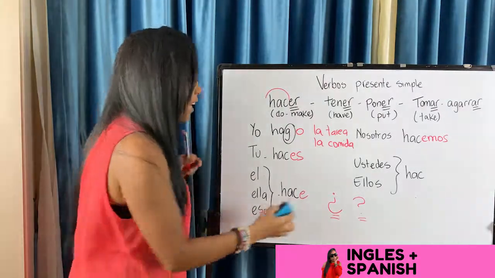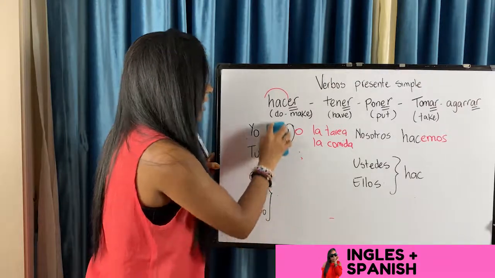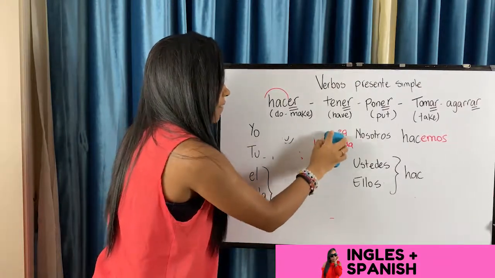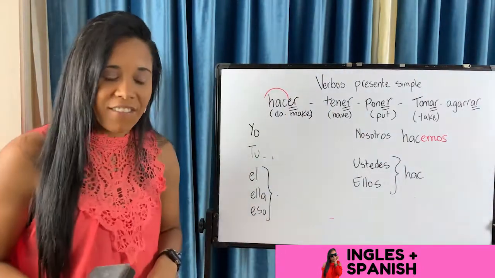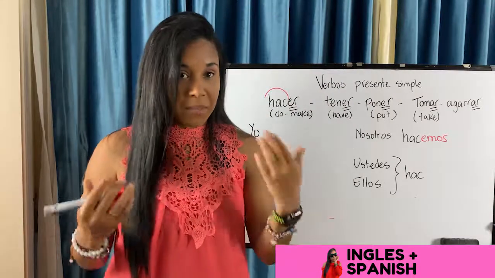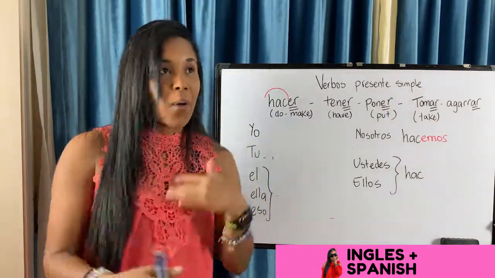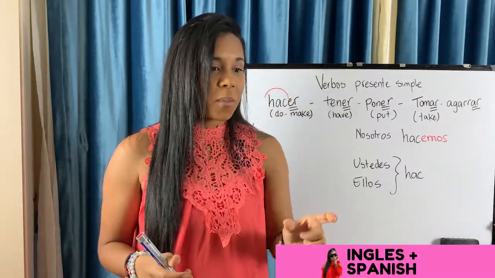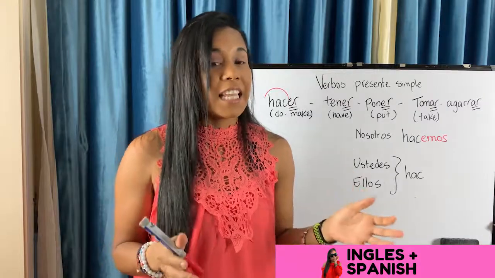Cool. Now let's go with the second one. It's going to be tener. Okay? So tener is to have. To have, we know that in English can also be our auxiliary verb haber. This is in Spanish.